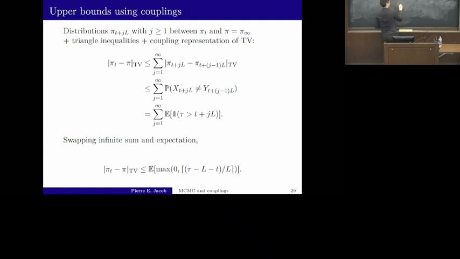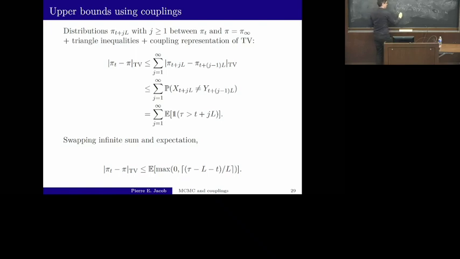So x0, yeah, thanks. It's useful probably to remind this. Here's the procedure. You do xt given xt minus 1 running on its own, basically, using your Markov kernel for L steps. And then you couple.